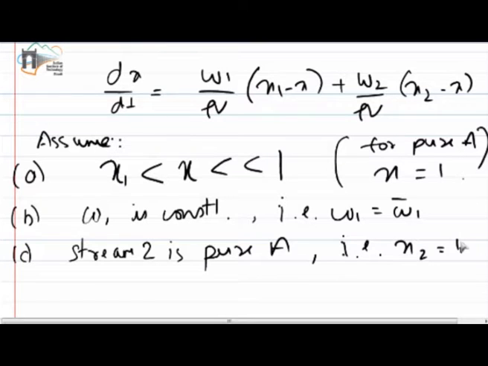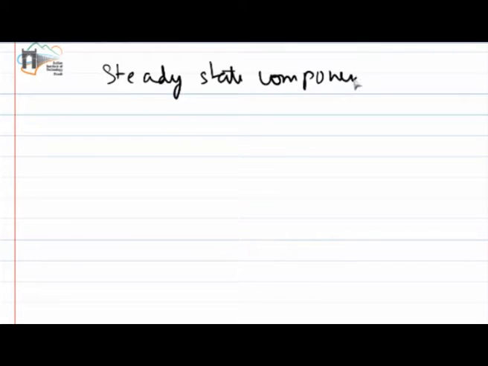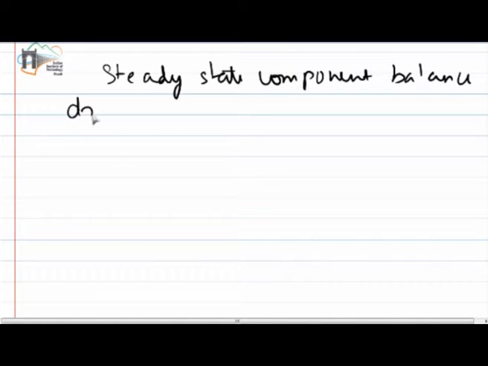Okay. Now based on this assumption, I will proceed with the above equation and we'll see the steady state component balance, which is equivalent to saying that I am putting dx by dt equal to 0 in the last equation. So I will have 0.